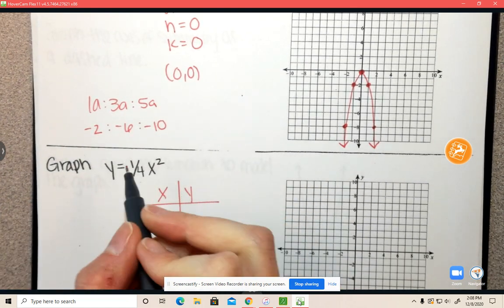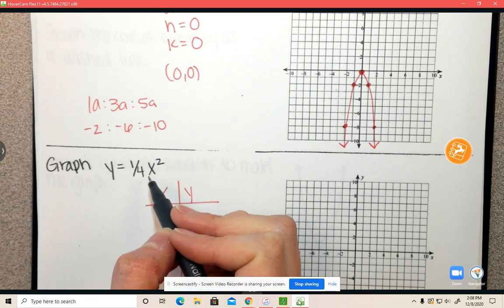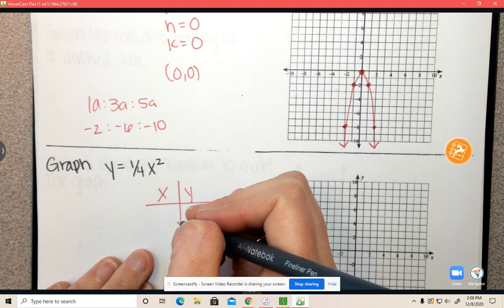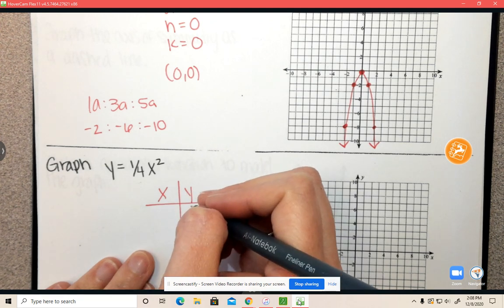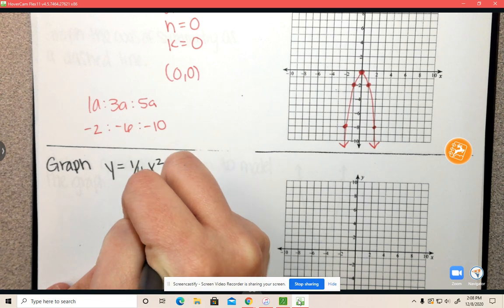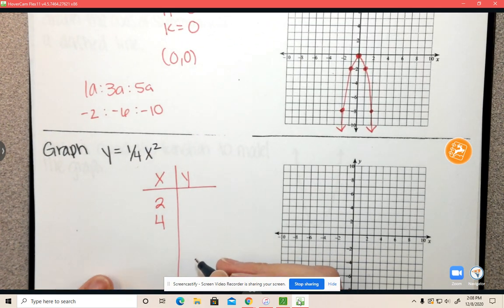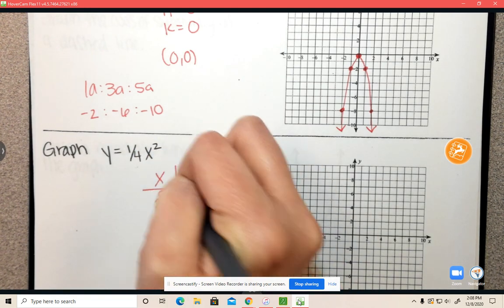And when you square a number, you want it to be divisible by 4. So I know 2 squared is 4, so I'm going to use 2. And I know if I do 4, it's going to be divisible by 4. And we can always do 0. I'll slide 0 in at the beginning because it'll be 0, 0.